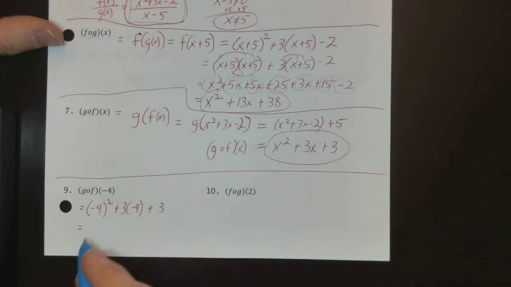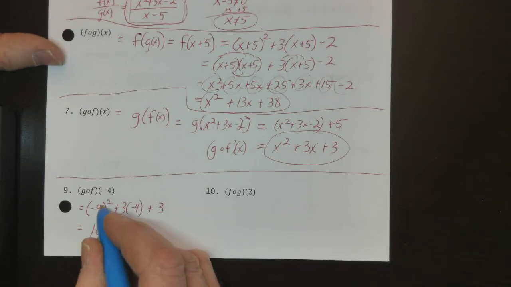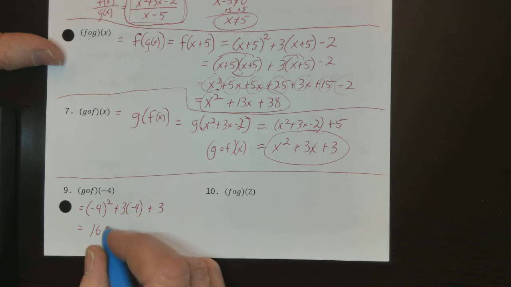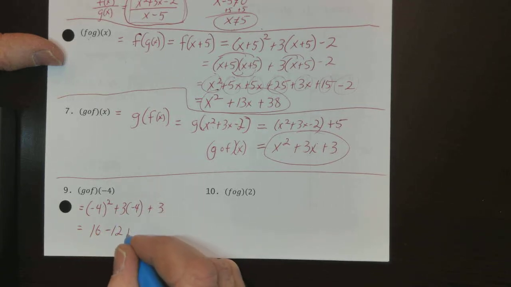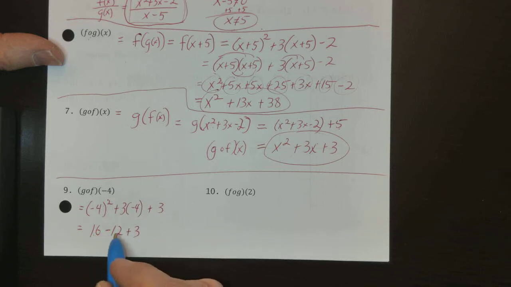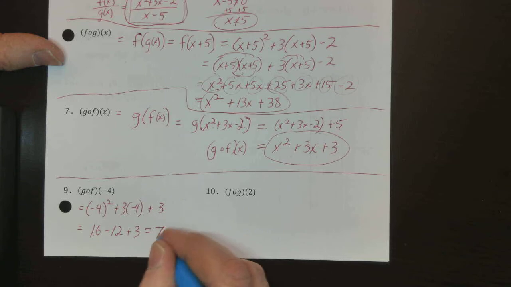And that is 16, because a negative times negative is positive. 3 times negative 4 is negative 12 plus 3. 16 minus 12 is 4. 4 plus 3 is 7.